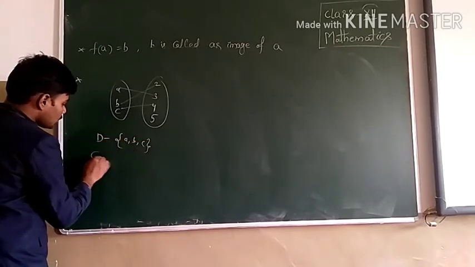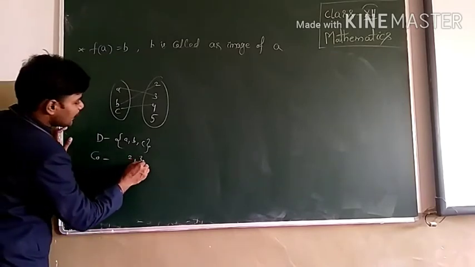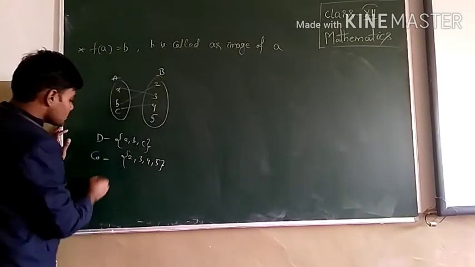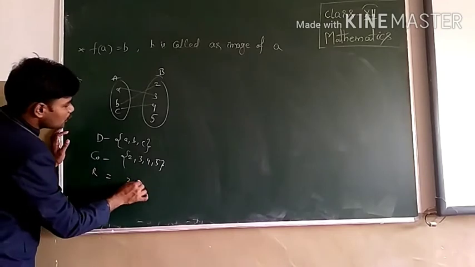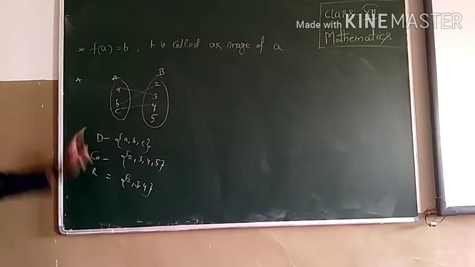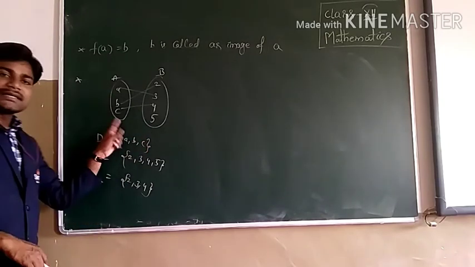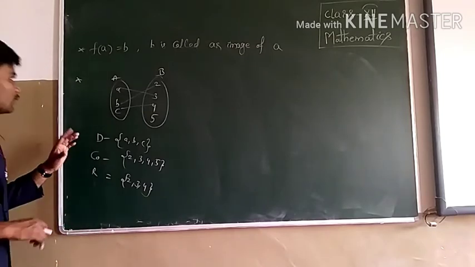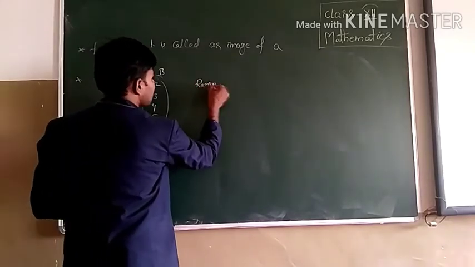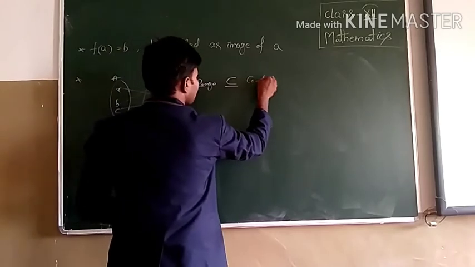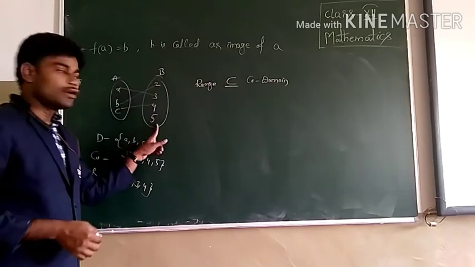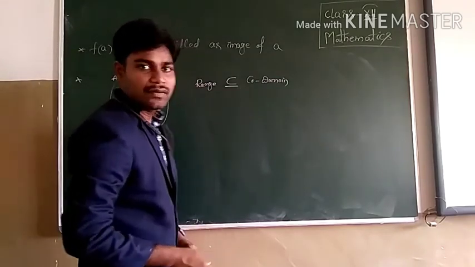And the codomain is 2, 3, 4 and 5, because all of these are elements of set B. This is A and this is B. The range is equal to 2, 3 and 4 only, right? 5 is not considered part of the range of this function because 5 is not mapped with any element in set A. So the range is always a subset of the codomain, because every element of the range is an element of the codomain.